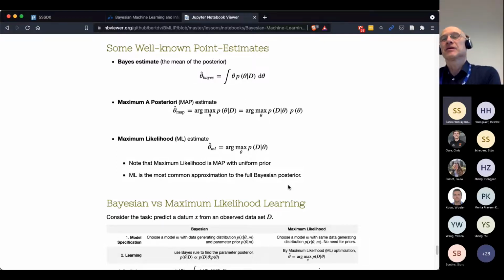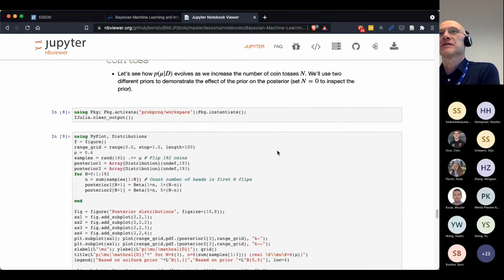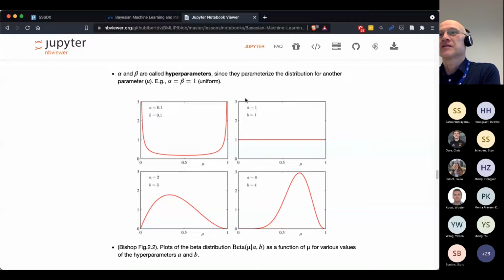Yeah, it means a uniform prior, which is, let's say, what we just showed here, right? This is a uniform prior. It just means that all the outcomes are equally likely, right? But it is a state of belief.